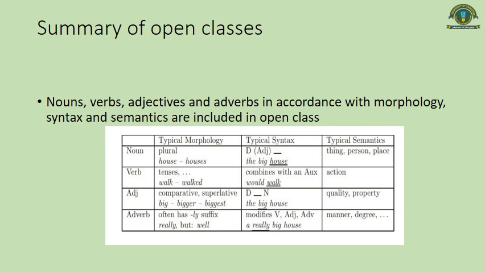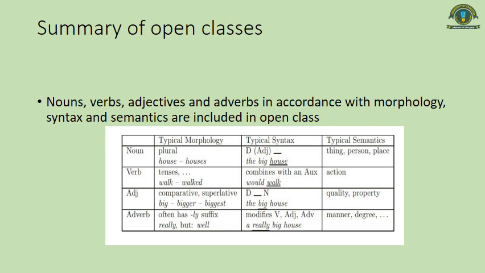And then typical morphology structure, for example, house and houses. And then for verb, tenses, walk and walked, and adjectives as big, bigger, biggest, and adverb really, but, well.